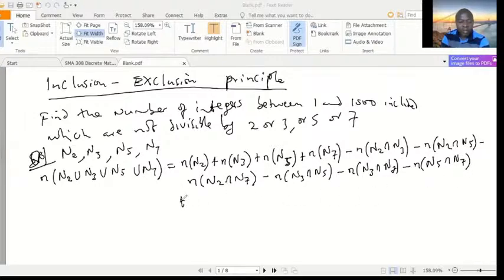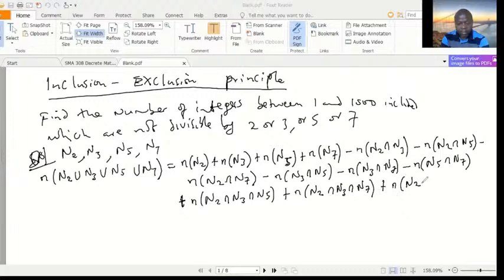and then include those in N2, N3, N5, include those in N2, N3, N7, include those in N2, N5, N7, include those in N3, N5, N7.